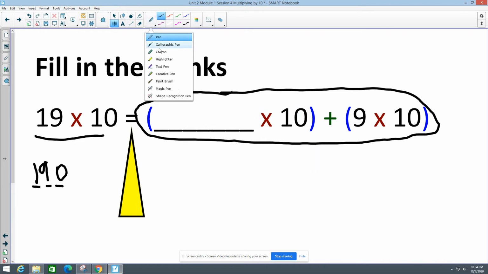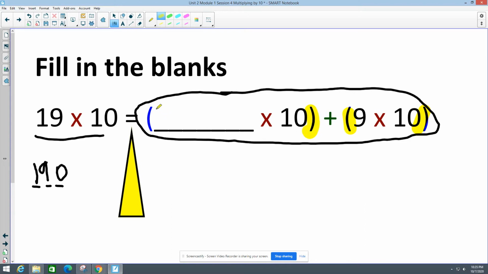Okay, so parentheses, we have to do those first. So let's just look at these parentheses. Right here, again, that 10 trick really is easy on this one. So if we do 9 times 10, if we had our placeholders, wrong one, sorry. We had our placeholders here.